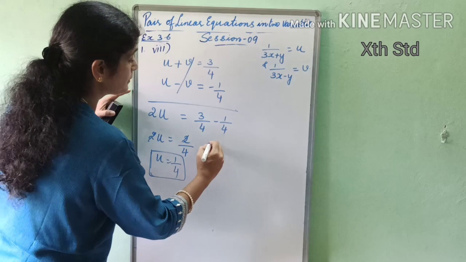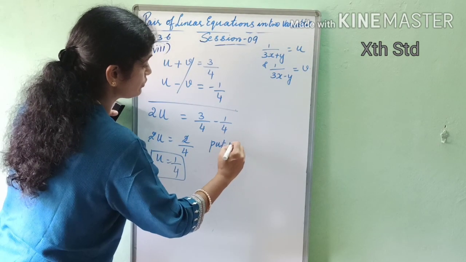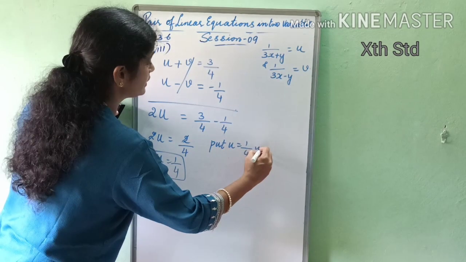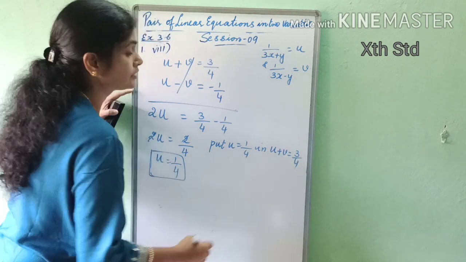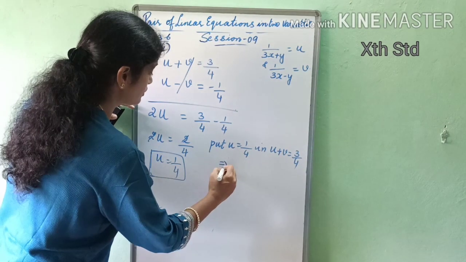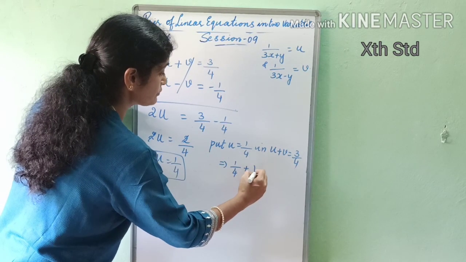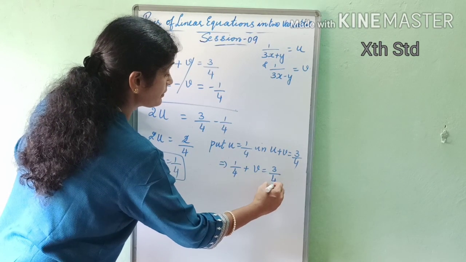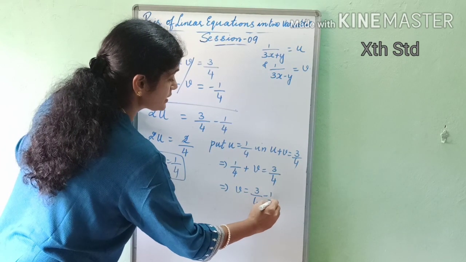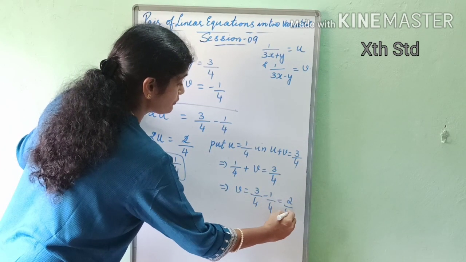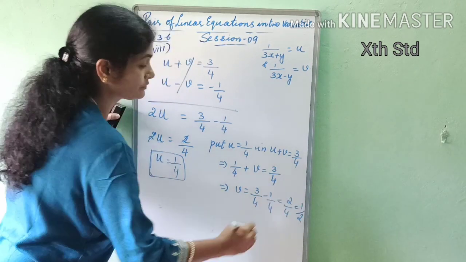Substitute here. Put u equal to 1 by 4 in u plus v equal to 3 by 4. What do we get? 1 by 4 plus v is equal to 3 by 4, implies v equal to 3 by 4 minus 1 by 4, that is 2 by 4, 1 by 2.